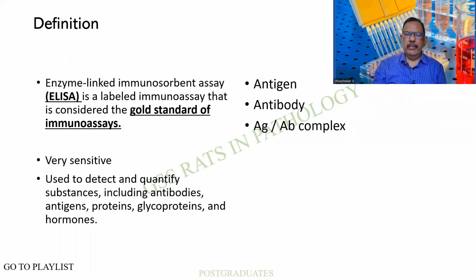The antigen and antibody together will form a complex which can be measured. The test is very sensitive and it is used to detect and quantify. That is the advantage of it. Quantify substances such as antibodies, antigens, proteins, glycoproteins, hormones, etc.